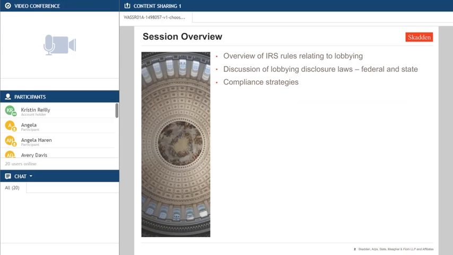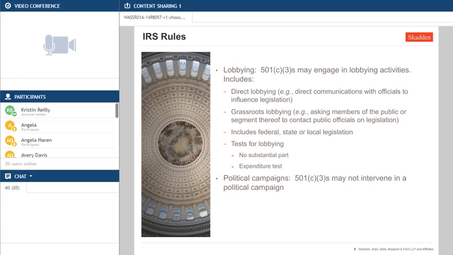So moving on to slide 3, I just want to jump right into the IRS rules. As you all know, I'm sure, 501c3s may engage in lobbying activities. What you can't do is engage in a whole lot of lobbying activities.